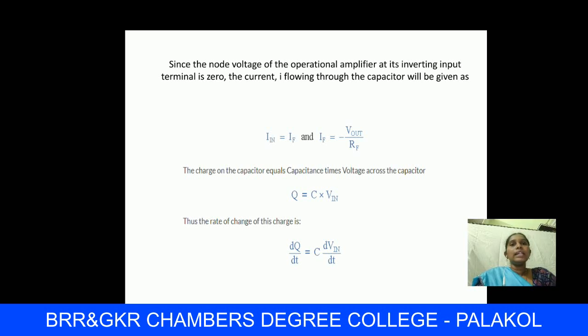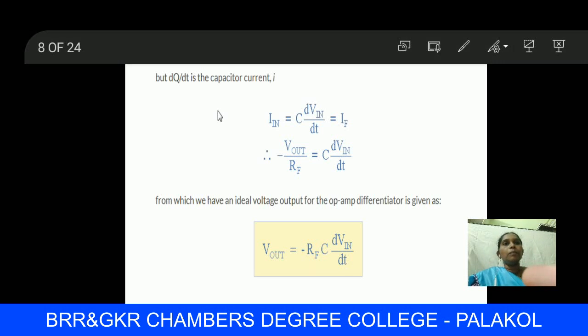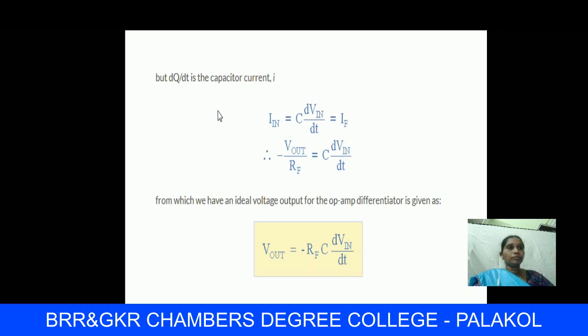So here the charge on the capacitor equals the capacitance times the voltage. Therefore we already know this formula. So here V out is equal to V in. This is a formula for this differentiator. Those equations we already know.